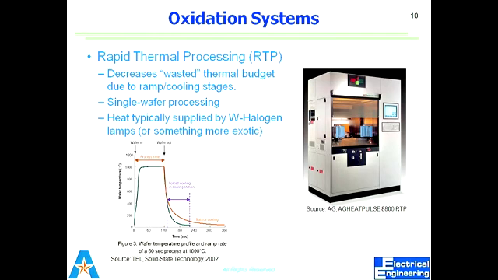So what is rapid thermal processing? Do you know how we define thermal budget? Thermal budget is one of the very important parameters in fabrication. You always keep in mind what the thermal budget is. Can anybody define thermal budget?